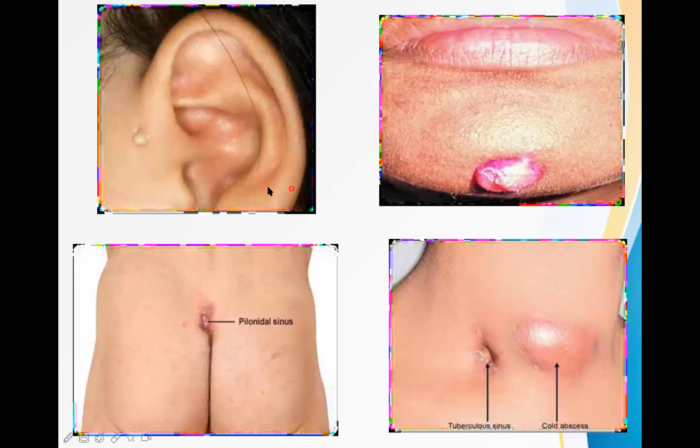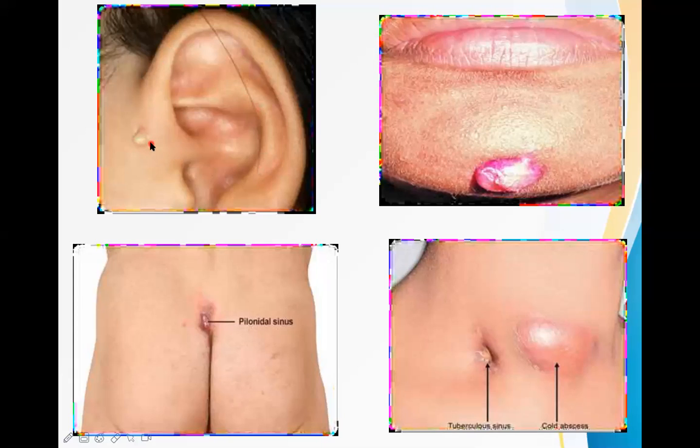This is the pinna or the external ear. This part is called the helix of the external ear. This is called the antihelix. This is called the tragus of the external ear. Now what can you see here? What is this? See this area where I'm pointing. What is this? See this?